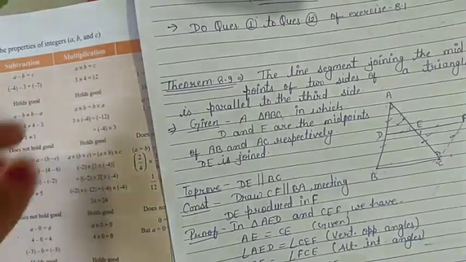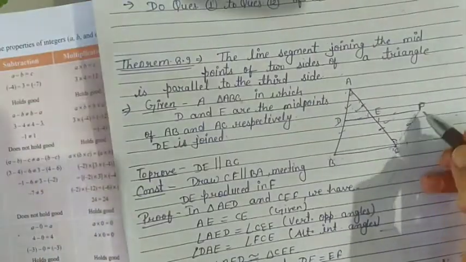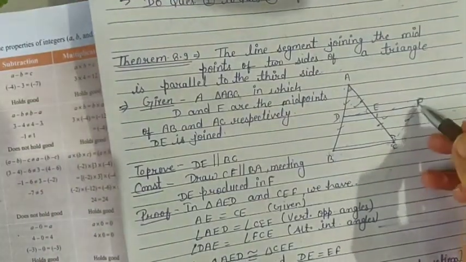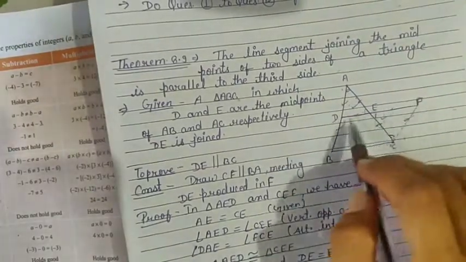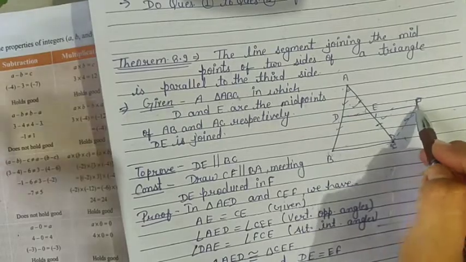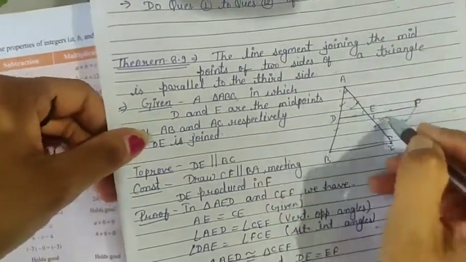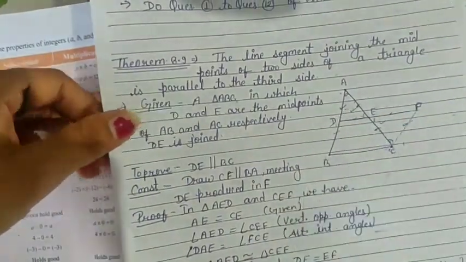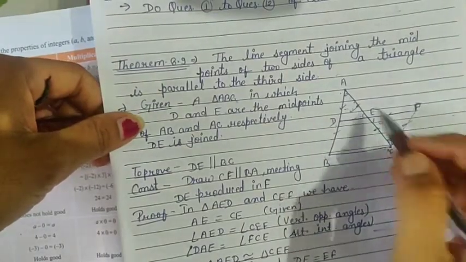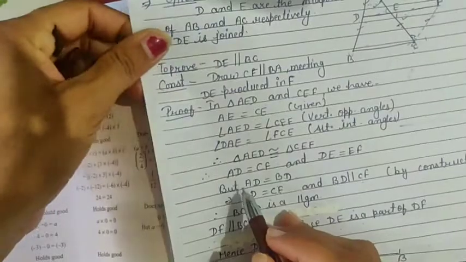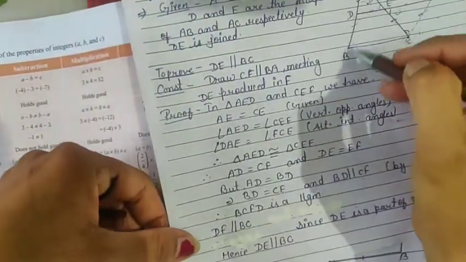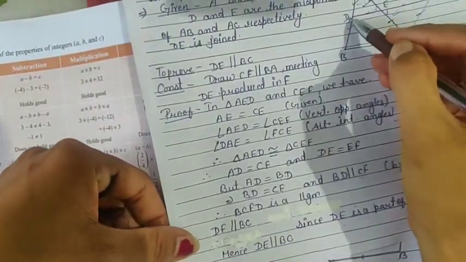Okay students, to prove this theorem, firstly we construct a line segment CF which is parallel to AB and which is joining DE at point F. Then we prove these two triangles congruent. Then AD equals to CF and DE equals to EF. And we know that AD equals to BD because D is midpoint.